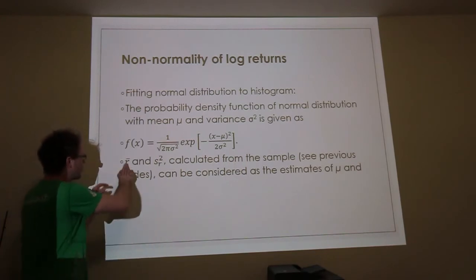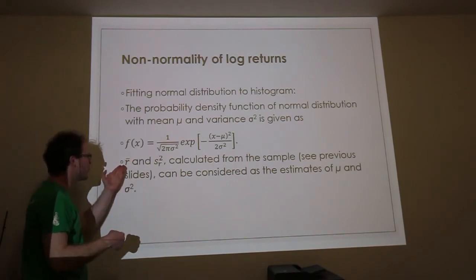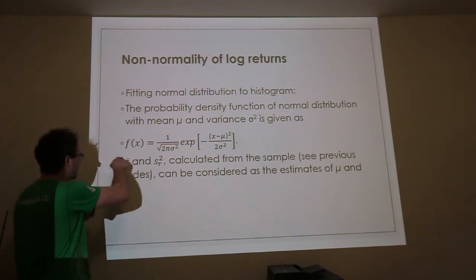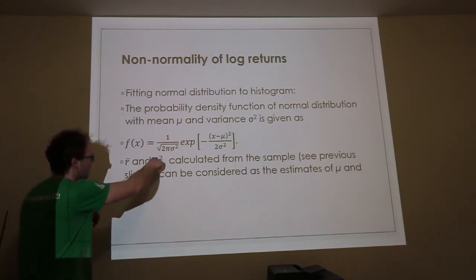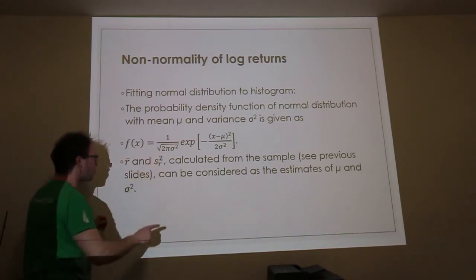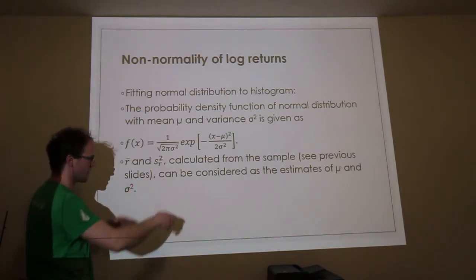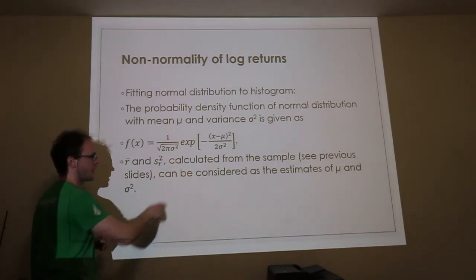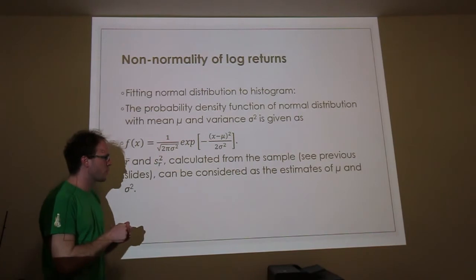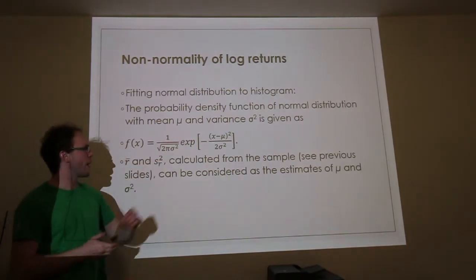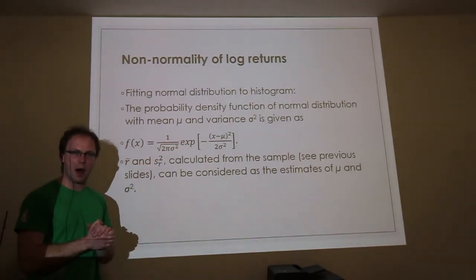In this situation, this is the mean of log returns and the variance of log returns. So the statistics can be considered as the estimates of mu and sigma squared in this formula.